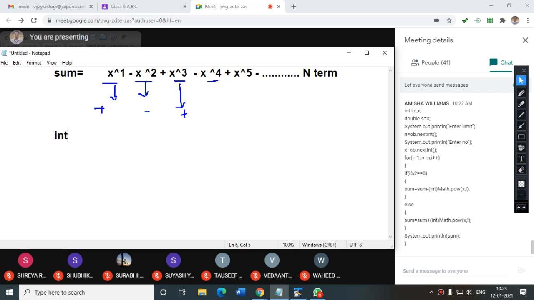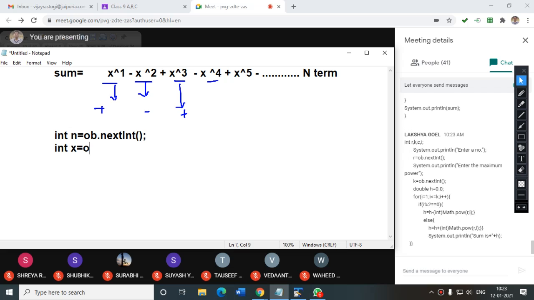Suppose you are inputting the number of terms with ob.nextInt, please pay attention everyone, and the base you are using is x. But you now do not paste. I cannot see now. Let me explain because some are still having a little doubt in this type of program.